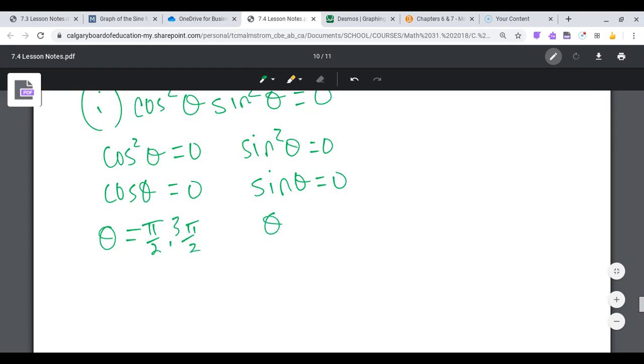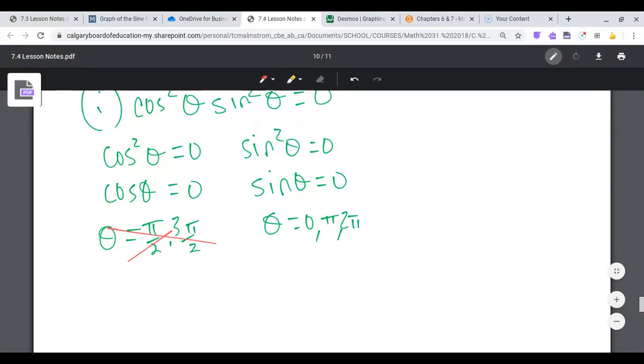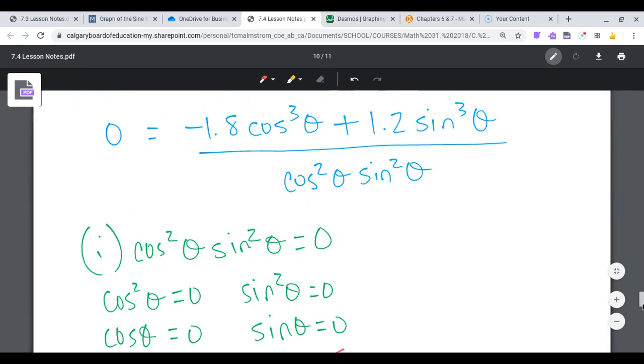And sine theta is 0 on the x-axis, so 0, pi, 2 pi. And if you go back to our restriction on theta, we actually said that theta had to be between 0 and pi on 2, but not be either of these. So all of this is outside of my domain. They're no good.